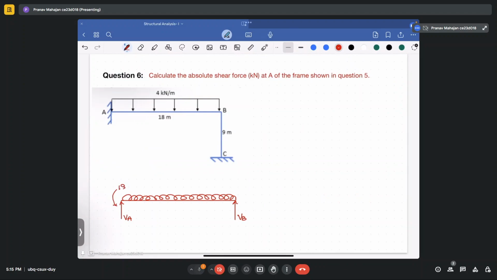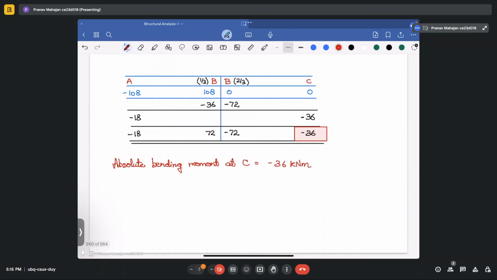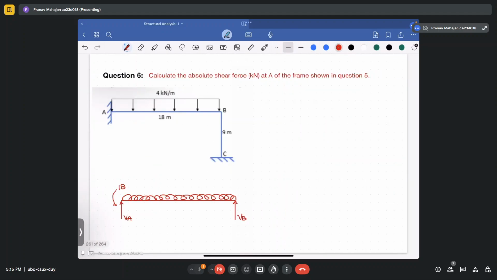So this is your 18, and sorry, I think I have not added here. So this value will be minus 126. Rest are equal. Okay. So this will be 126.